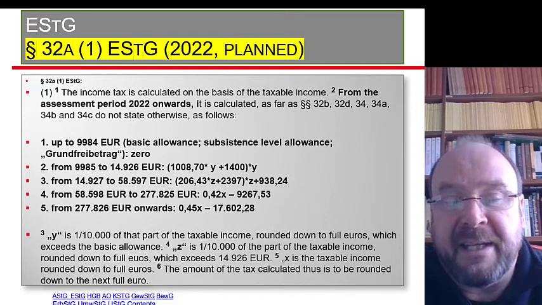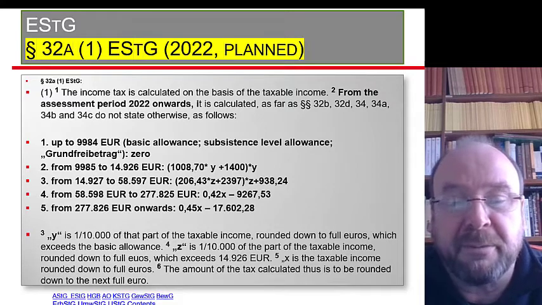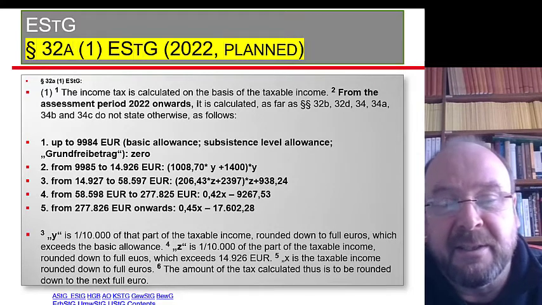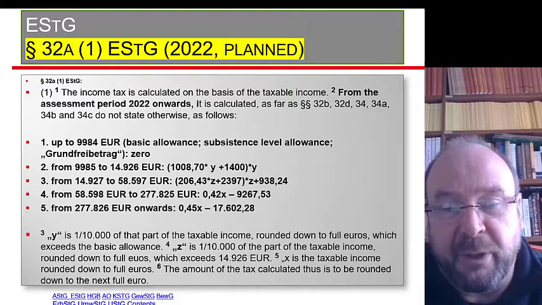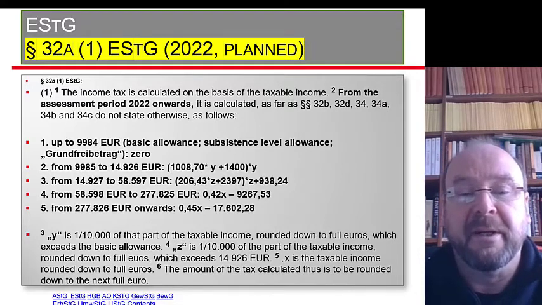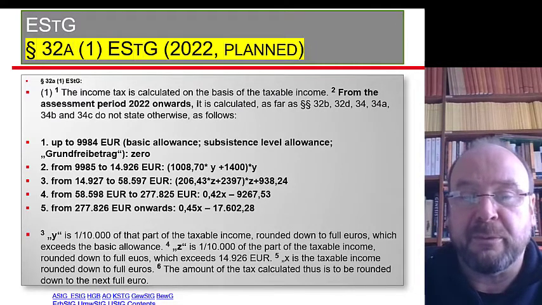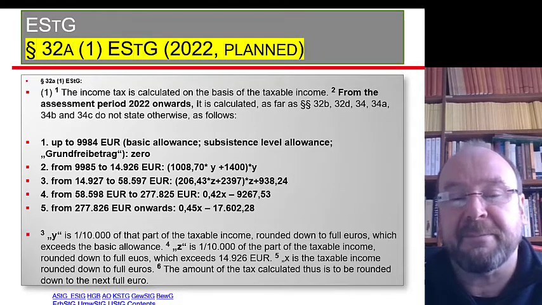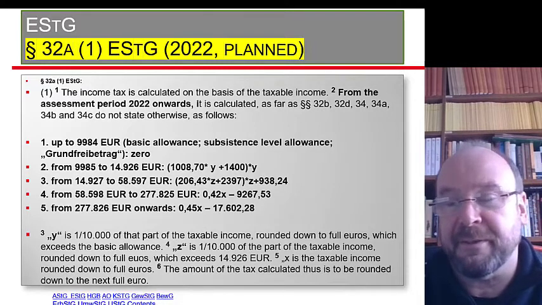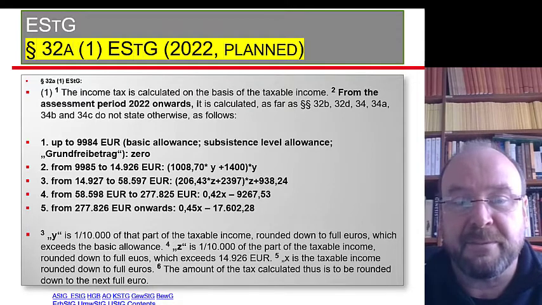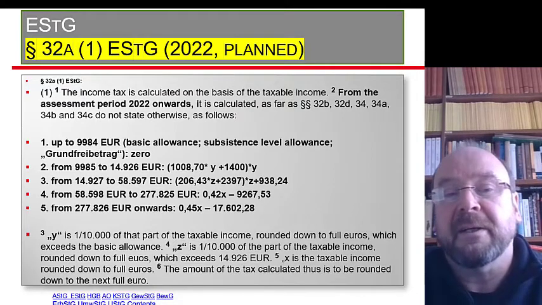And that is now again 1/10,000th of that part which exceeds the last euro of the previous bracket. And so same basic steps for the calculation, but different numbers to put into the formula.